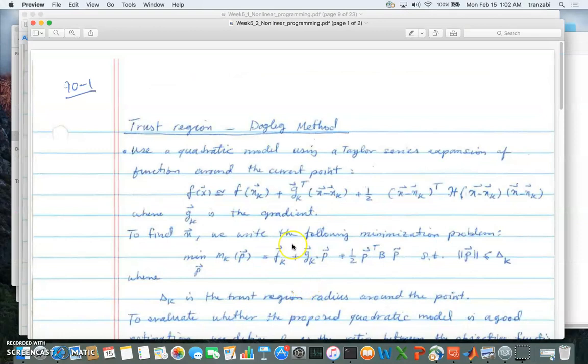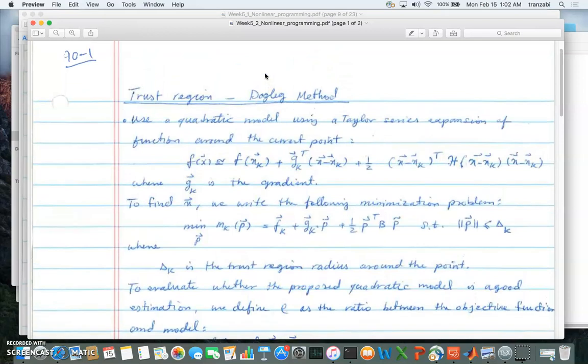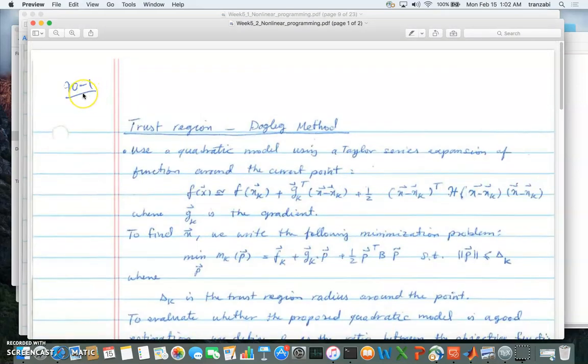So in Dogleg Method, which is also in the lecture notes on page 90, we're going to start with the Taylor series of function f. So let's say my f is written in the form of a Taylor series. This is the function at point xk, and then this is the gradient of the function, plus 1/2 of the change in x times the second derivative of f, and then times the change.